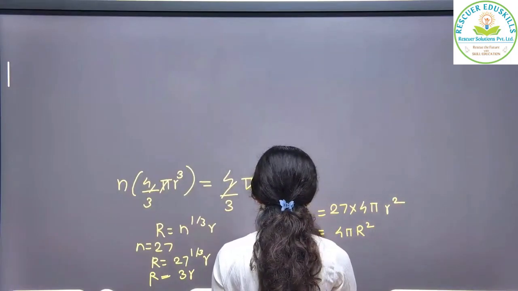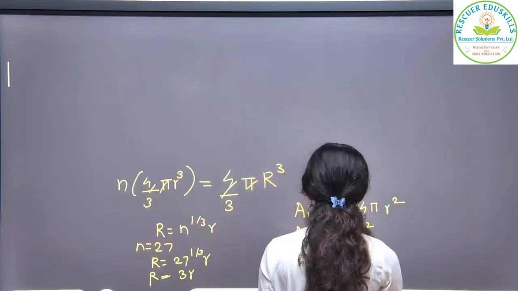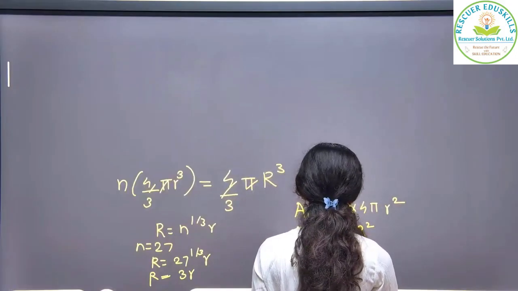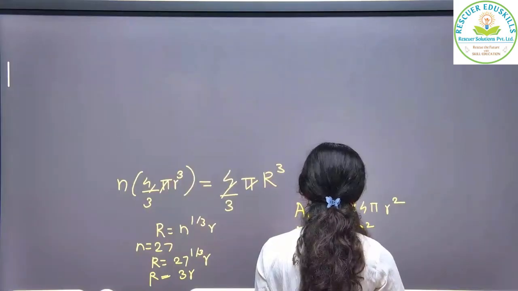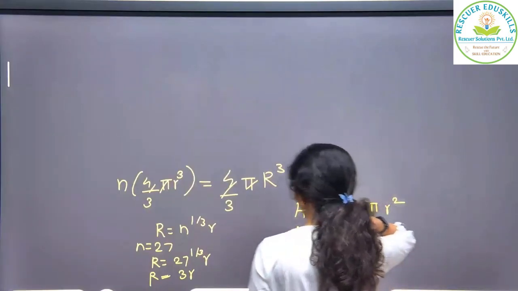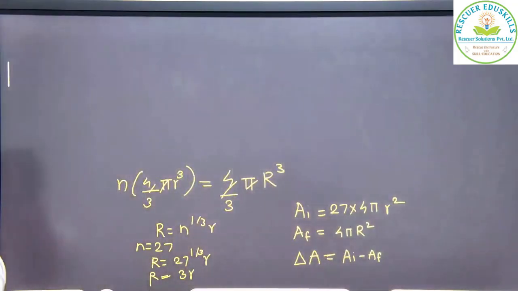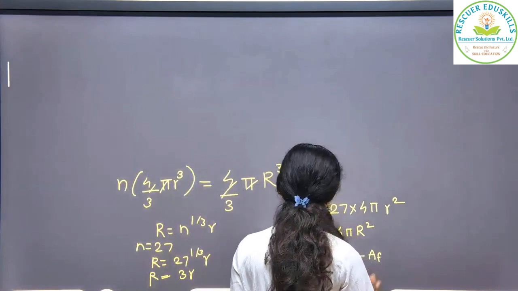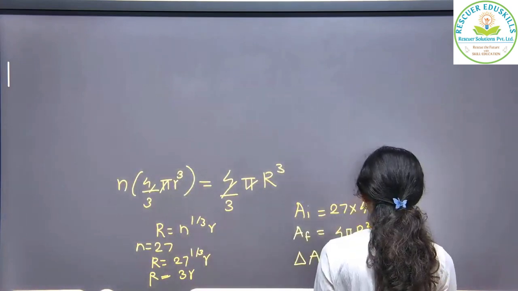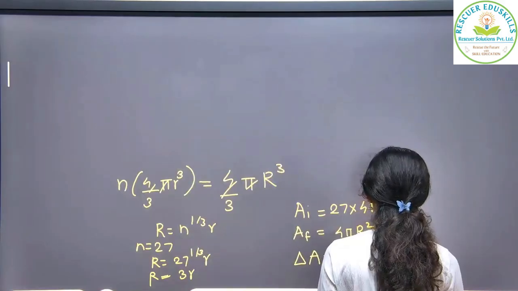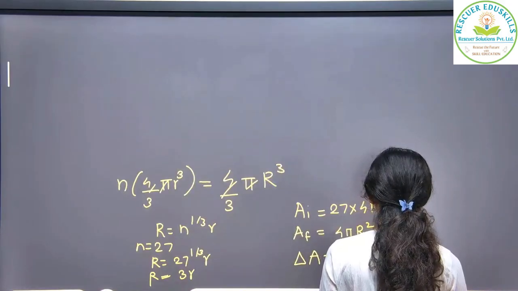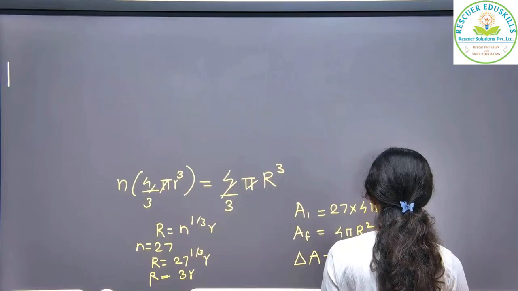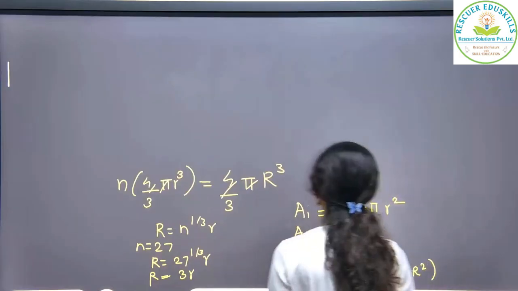So del A is equal to AI minus AF, so we can write 4 pi, minus, okay.